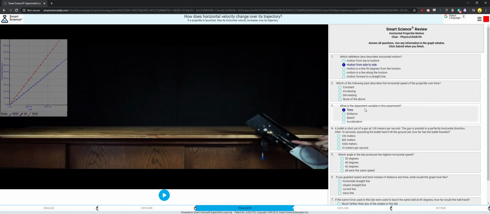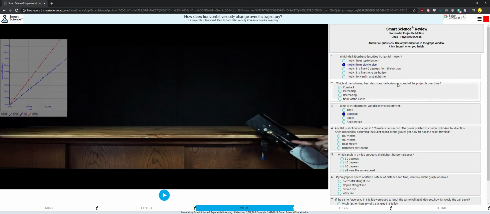The dependent variable is usually the y-axis. The definition of the dependent variable is a variable that changes based on another variable. As time changes, your horizontal distance changes as well. So your dependent variable is your y-axis. It usually is. So it's distance.